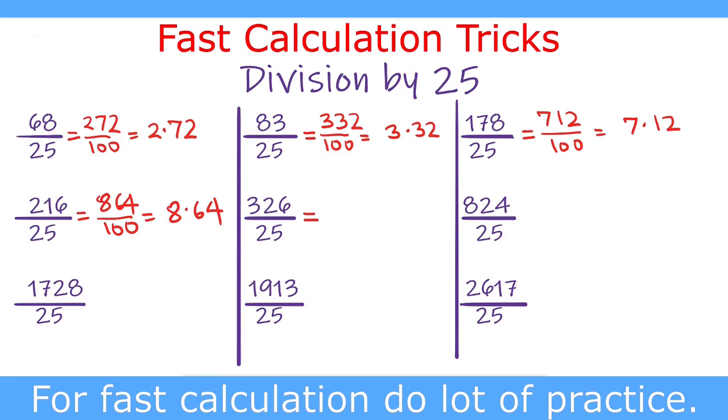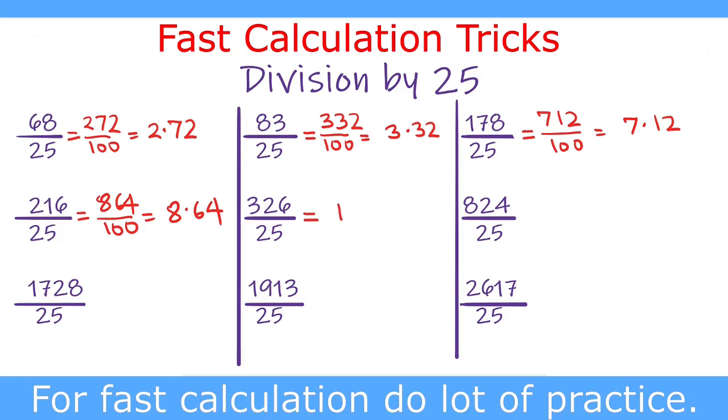So 326 divided by 25. The double of 326 is 652 and double of 652, we split 652 into 650 plus 2. The double of 650 is 1300 and double of 2 is 4. So it is 1304 divided by 100.